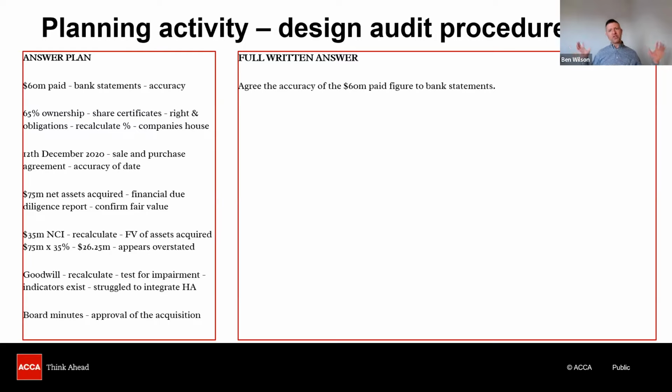And they write double the amount that they need to just score the marks. Here, the important points are, it's a fact, I've got a source document, and I'm saying why I'm doing it, the accuracy. And that is all you need to score 1 mark for that audit procedure.